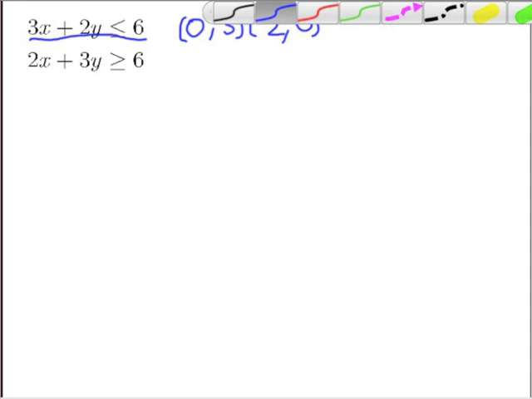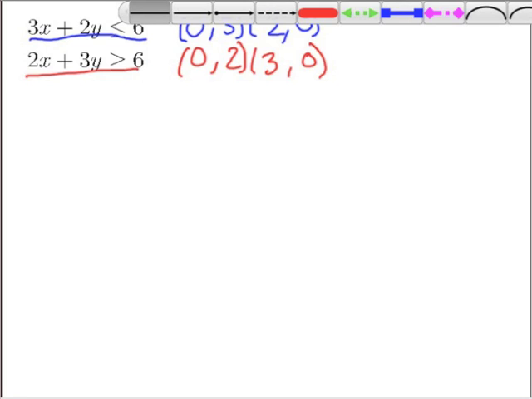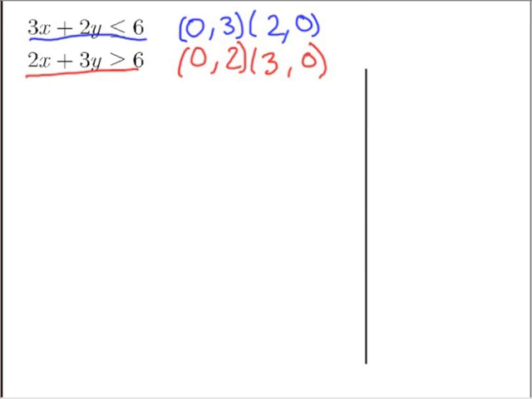For the second inequality, 2x plus 3y is greater than or equal to 6. Plug in 0 for x, y is 2. Plug in 0 for y, x is 3. We're then going to proceed to graph our inequalities, starting with the blue one first.